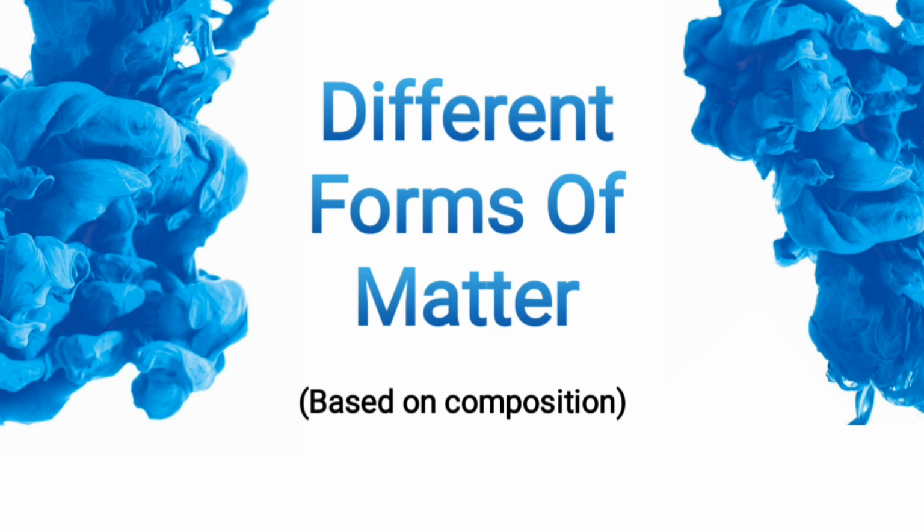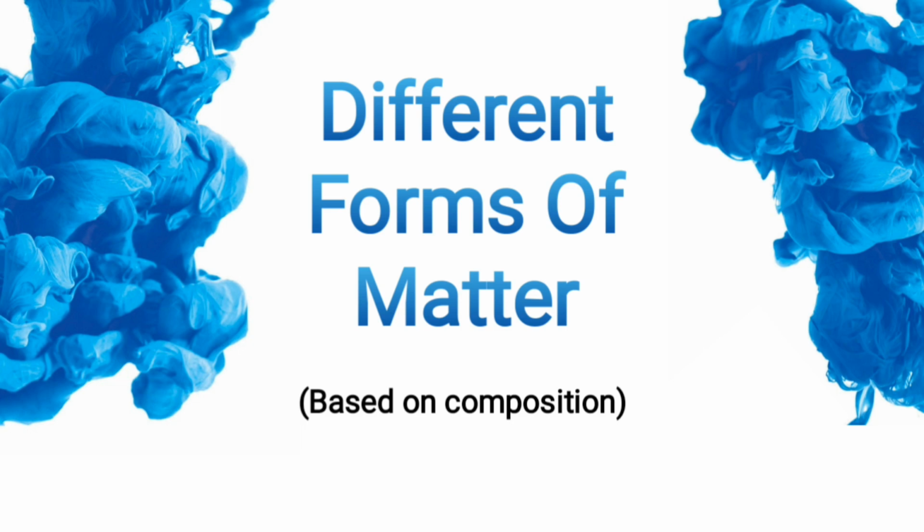Let's begin. What does composition mean? Composition means what something is made of. So when we say different forms of matter based on composition, we are asking what is matter made up of?